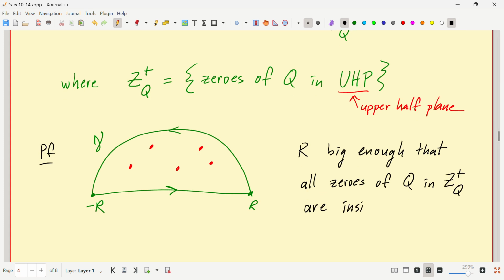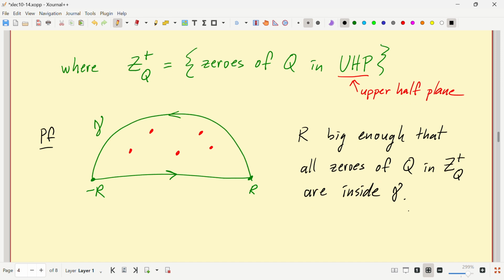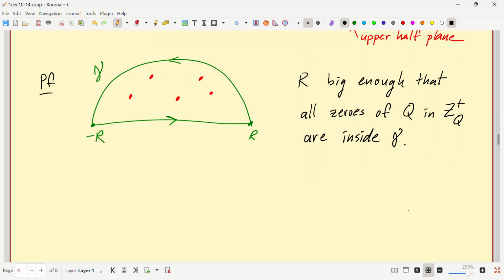Okay, that's one restriction on my R. Notice that if I parameterize the real line part, I parameterize by z of t equals t. And of course, z prime of t would be 1 then.